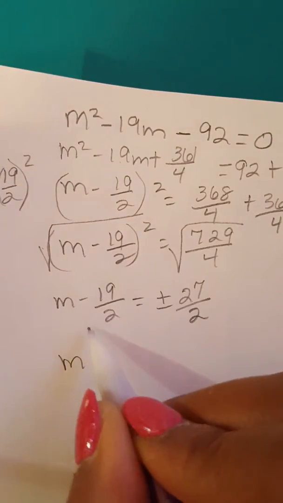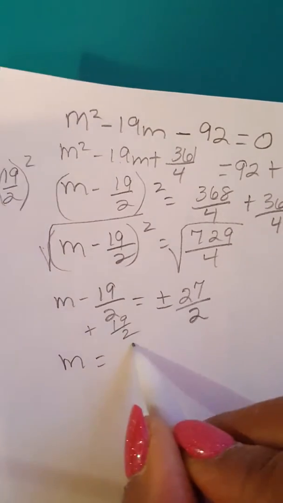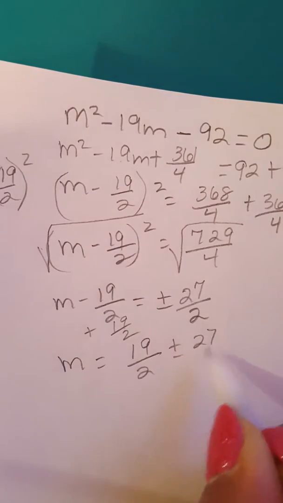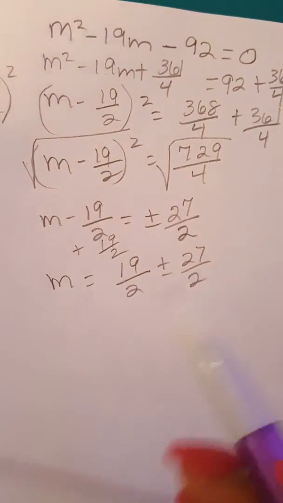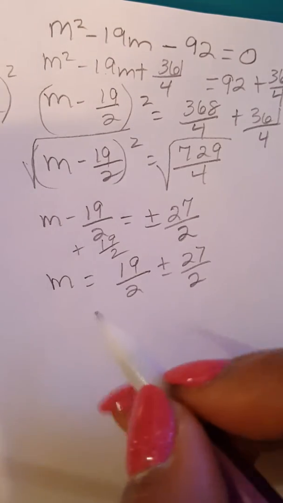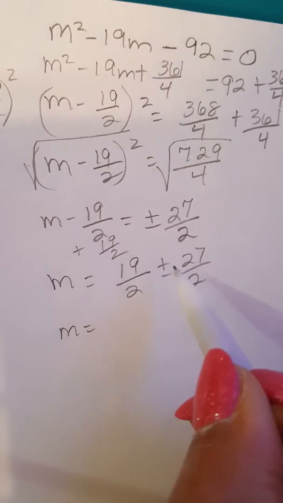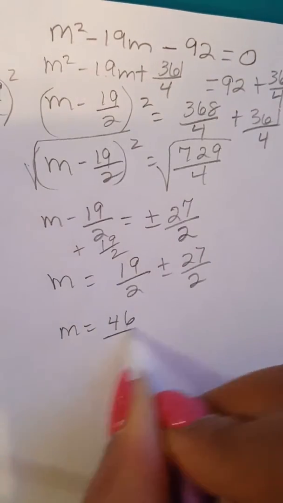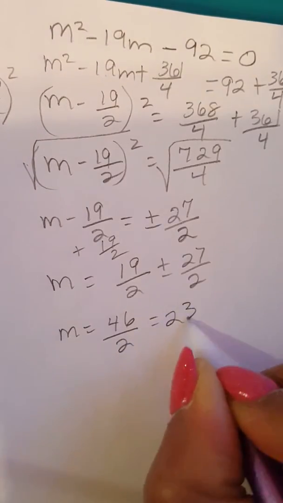And we're going to add 19 halves. Add it to both sides, so we get 19 halves plus or minus 27 halves. Again, the radical went away, so these are just regular numbers. So we go ahead and calculate our two answers. So m equals 19 plus 27, which will be 46 over 2, which reduces to 23.